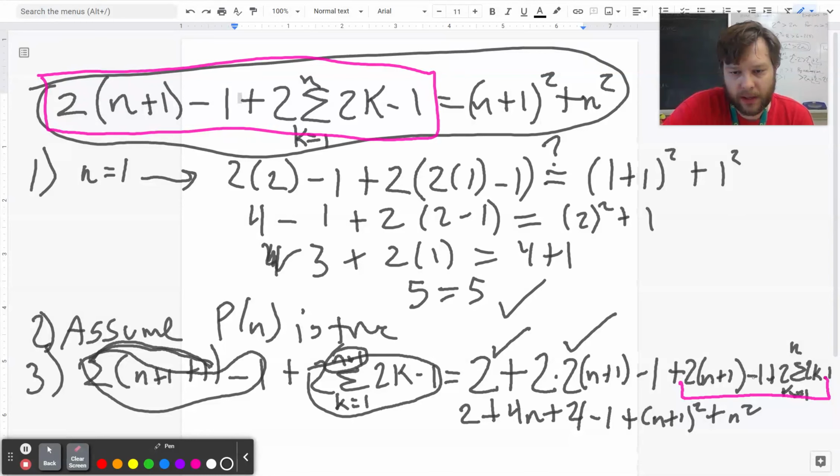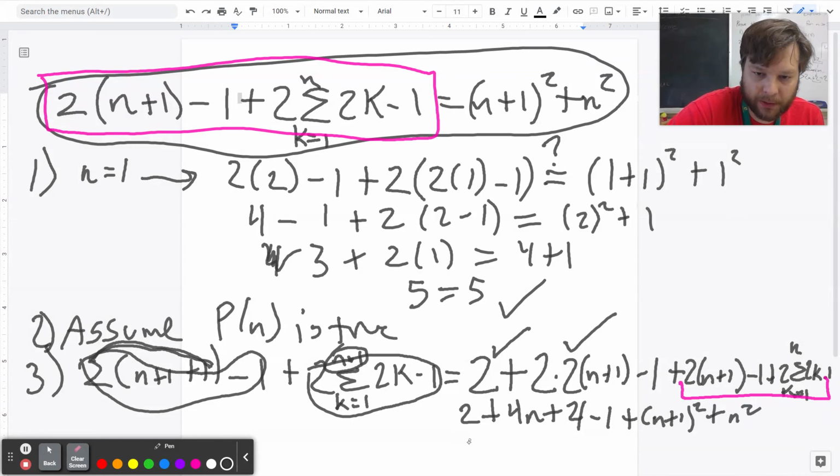Multiply everything out and collect some like terms. So the n plus 1 squared is, well, actually, let me think if there's a clever way to do this. I can't see quite a clever way to do it. So let's just multiply everything out and hope it works.